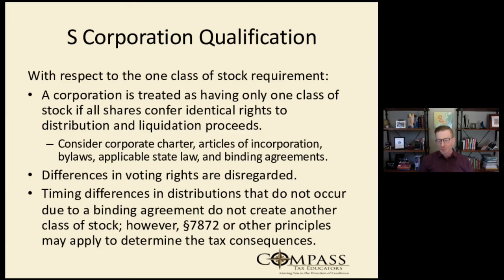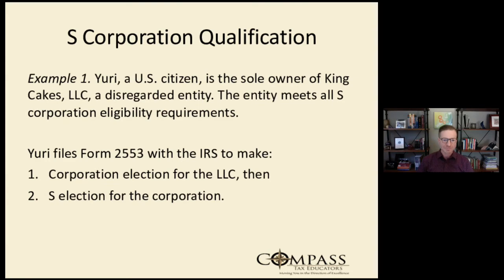So, for example, if accidentally in one tax year, one shareholder takes a little bit more than another shareholder, and you do a corrective distribution in January, that's not necessarily going to violate the one class of stock rule. So again, it's not as absolute as you may think it is.